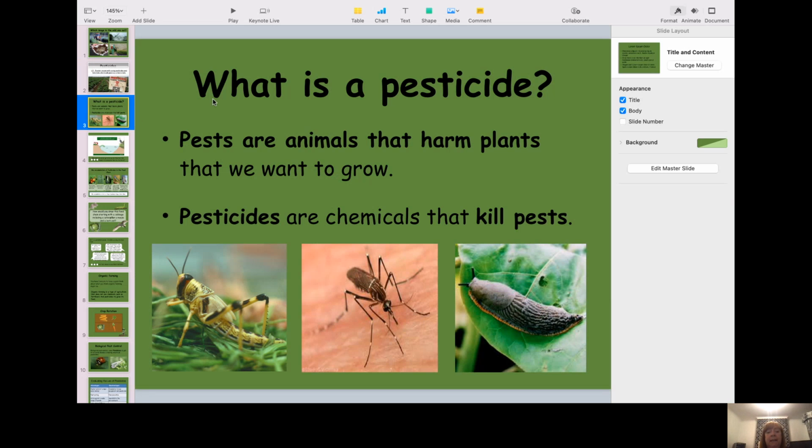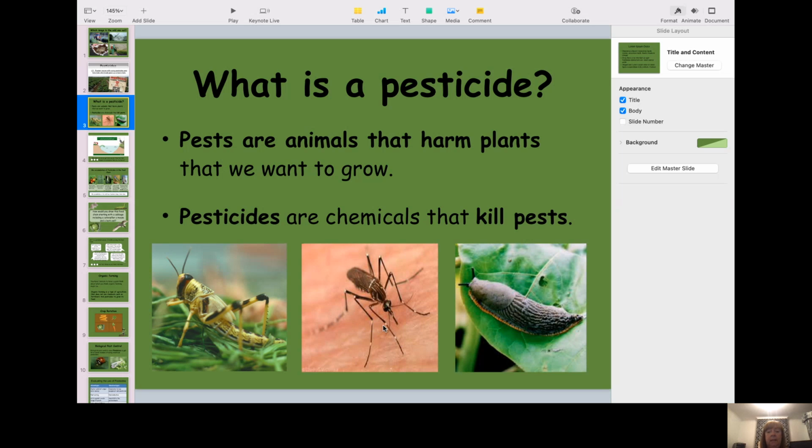So what is a pesticide? Well, pests are animals that harm plants. So here you have grasshopper. Here you have mosquito, not particularly pleasant to us.